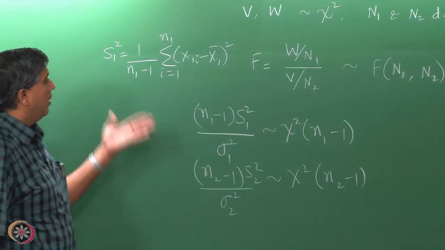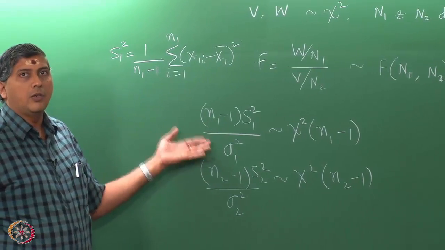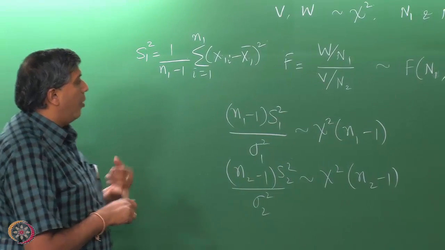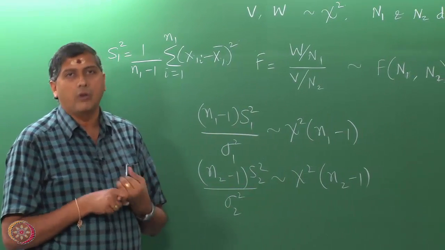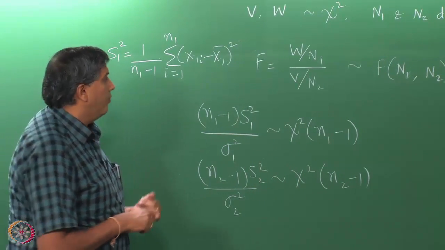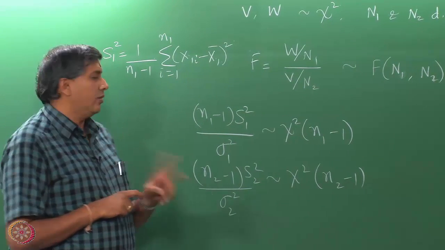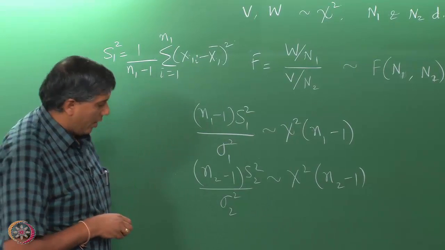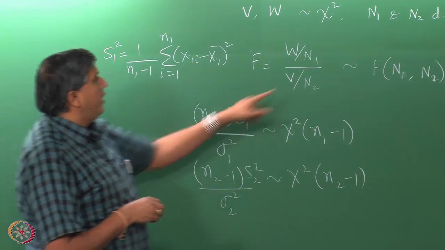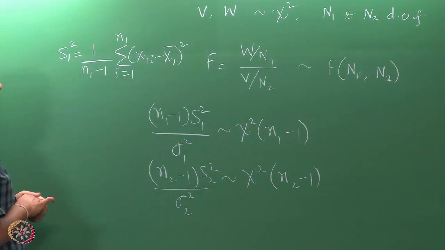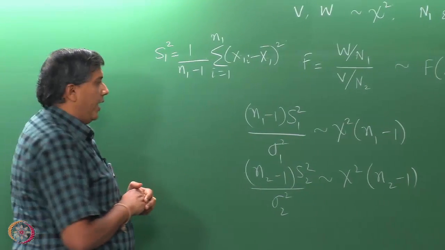Now, of course, what you have to remember is this result is true assuming that one, the respective populations follow Gaussian distribution, and two, that you have obtained a random sample. Only under these two assumptions is this right. Now, this fits in very nicely here. What I want to do is compare the variances.